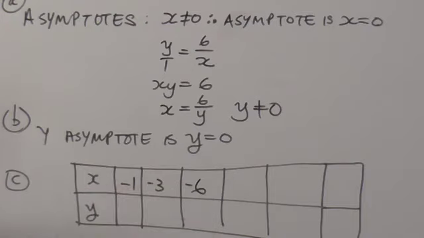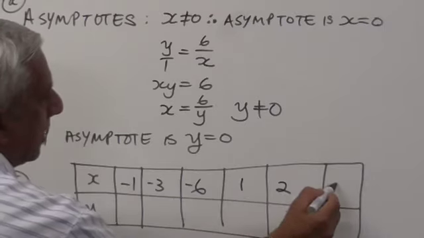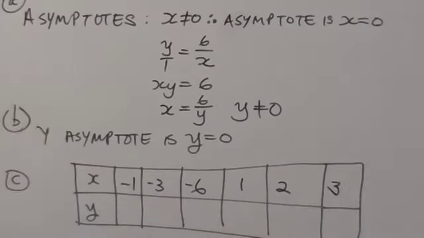You could choose any number you like. I've just chosen those. Suppose you choose 1, 2 and 3, as long as it divides exactly into 6. So you can choose any number you like. If you've got 3 ordered pairs on each side, you'll get a good idea of the shape.